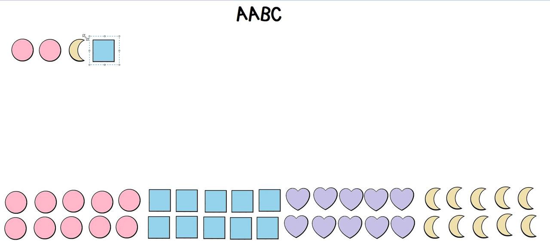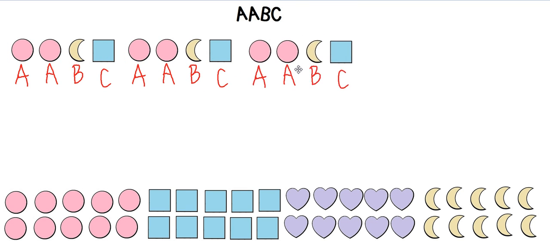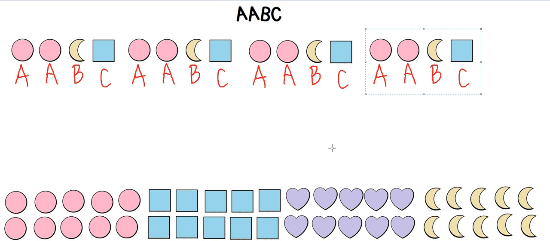A, A, B, C. All right, I'm just going to take these letters from up here. Or actually, I'm not going to do that because I want you guys to be able to see at the end that this matches that. So I'm going to put A, A, B, C. And I'm going to put my rectangle around it, and I am going to copy it over and over and over.